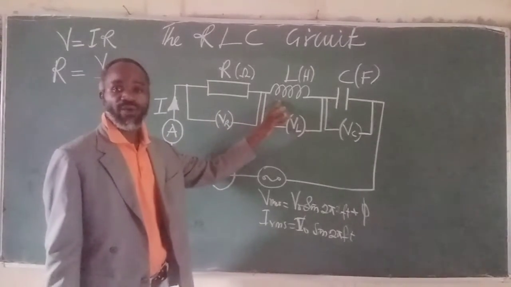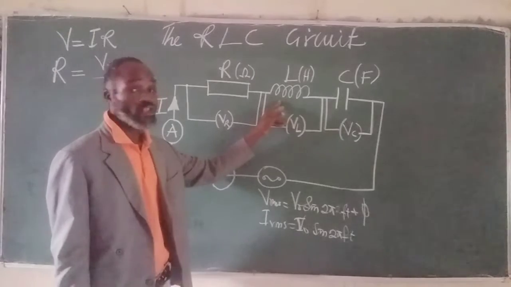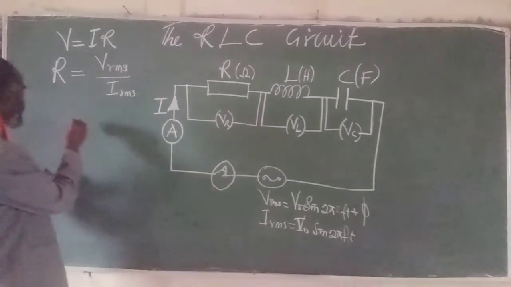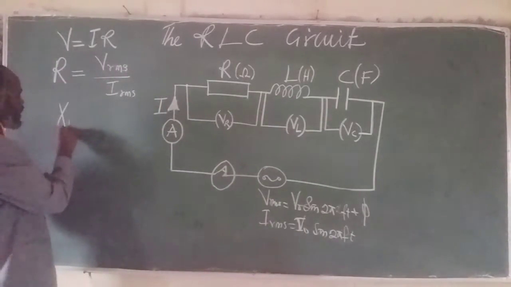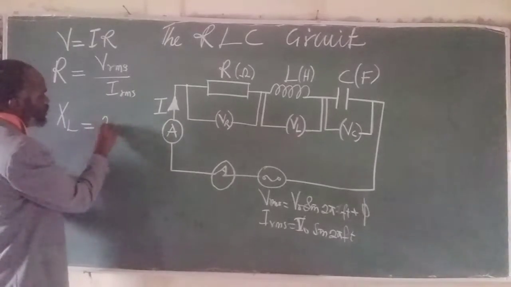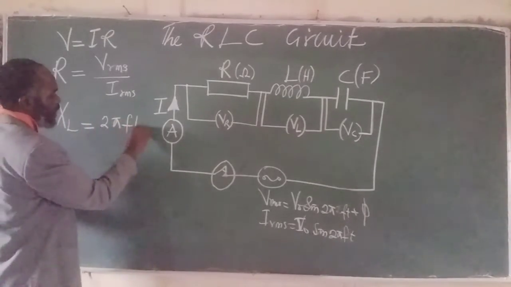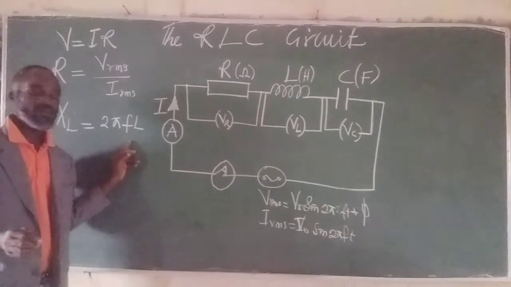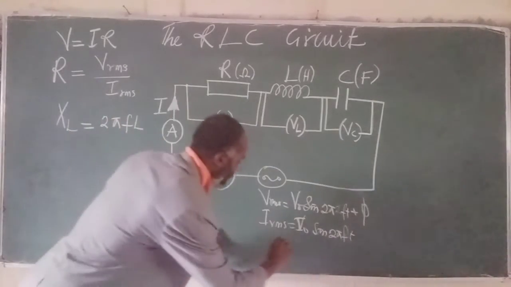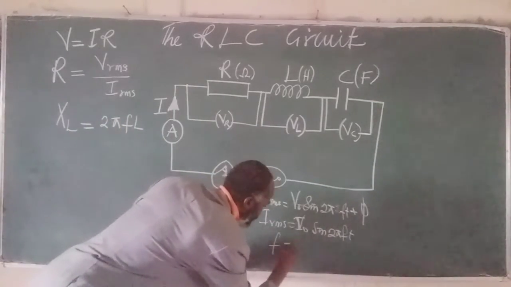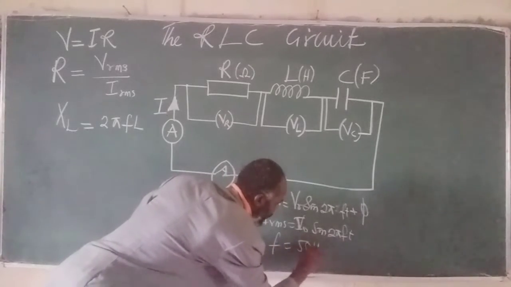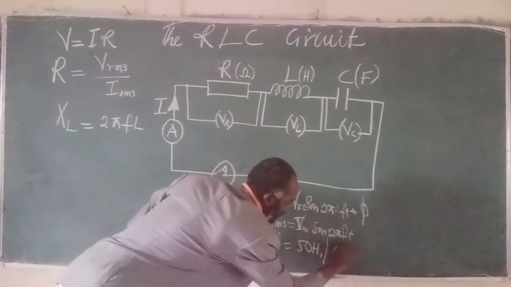What about the inductor? The inductor, we are going to find the inductive reactance by taking care of XL equal to 2 pi fL, where f represents the frequency. Yes, frequency most times is between 50 Hz or 60 Hz.